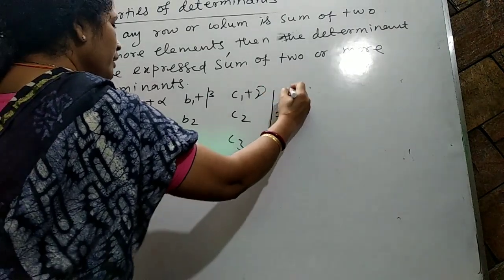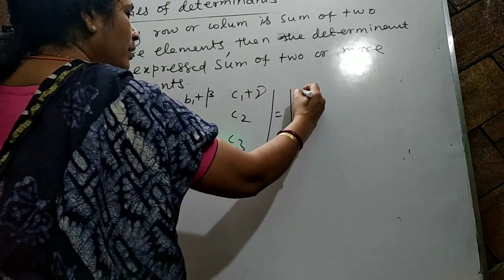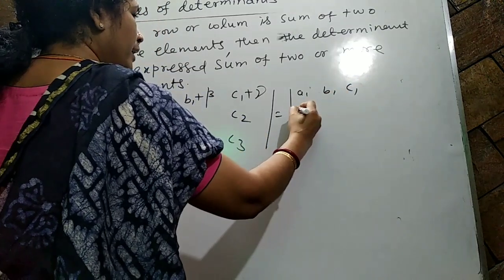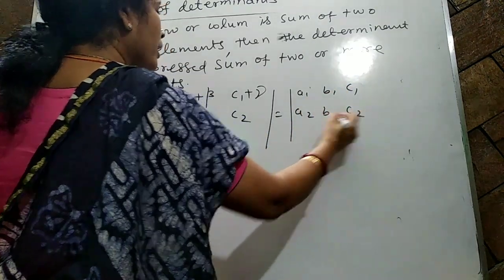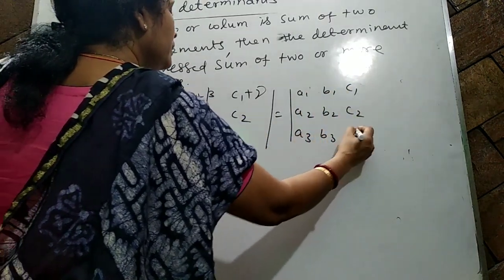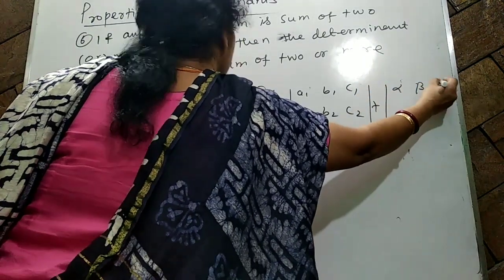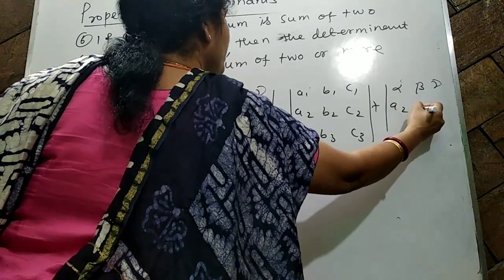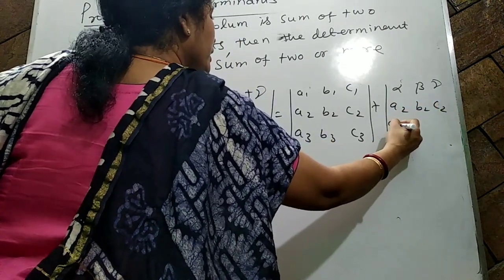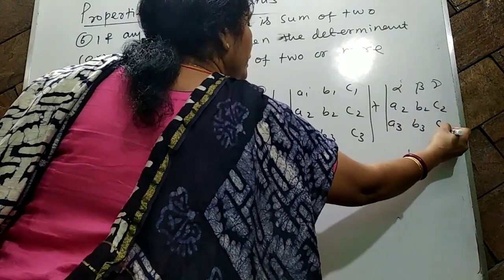That is equal to the determinant A1, B1, C1, A2, B2, C2, A3, B3, C3, plus the determinant alpha, beta, gamma, A2, B2, C2, A3, B3, C3.